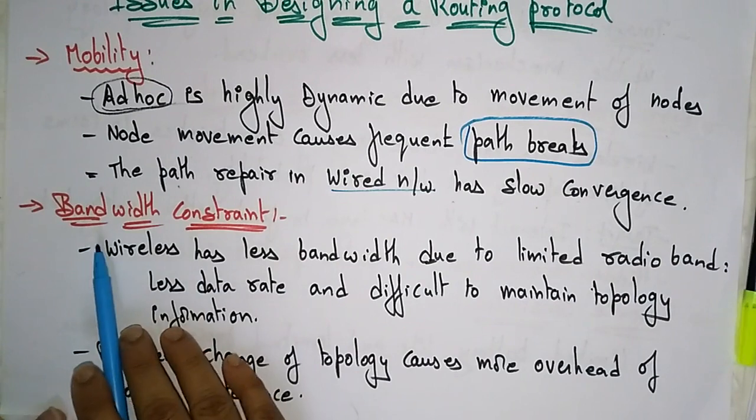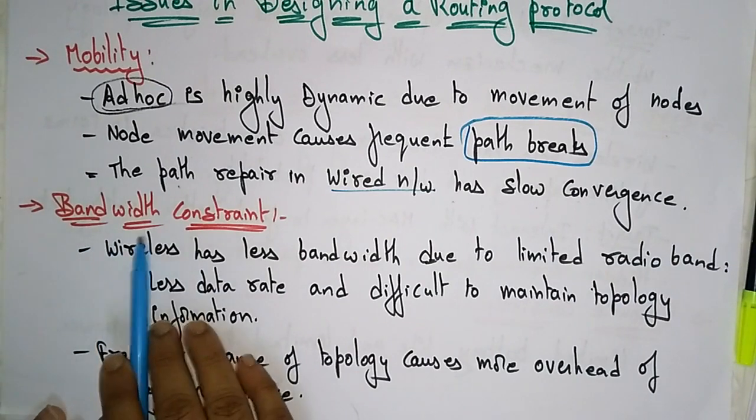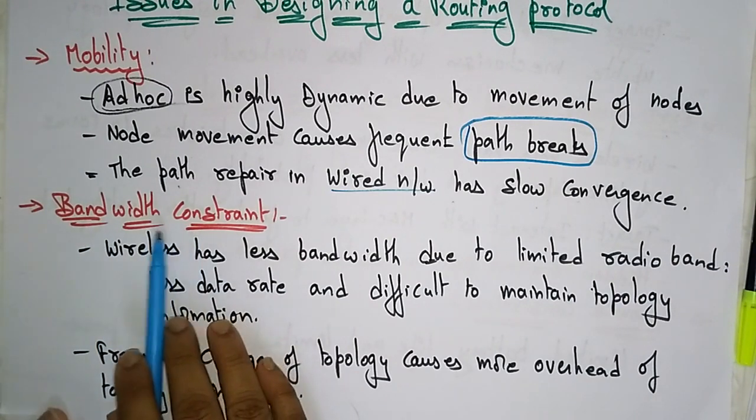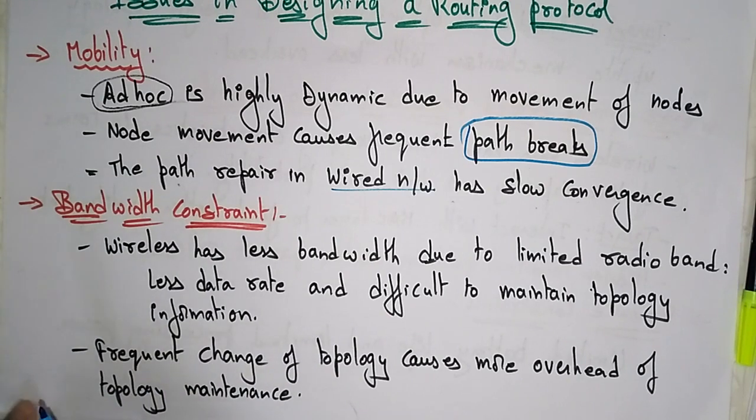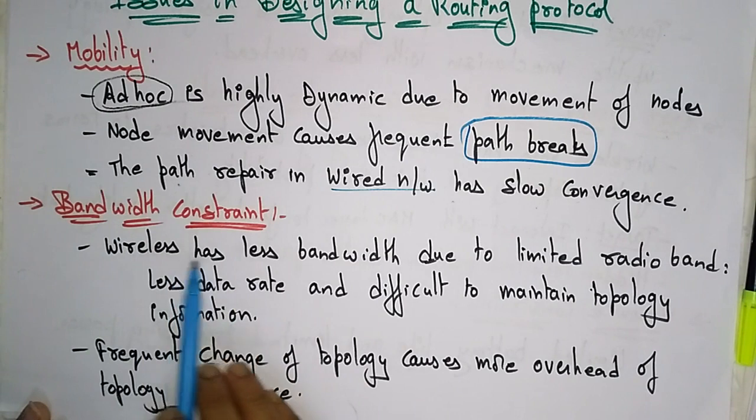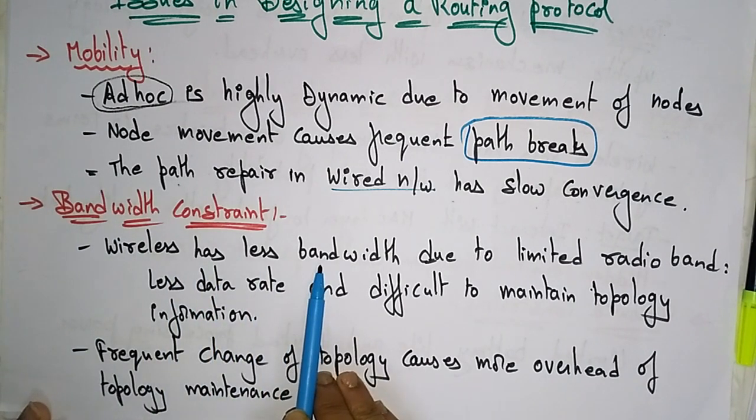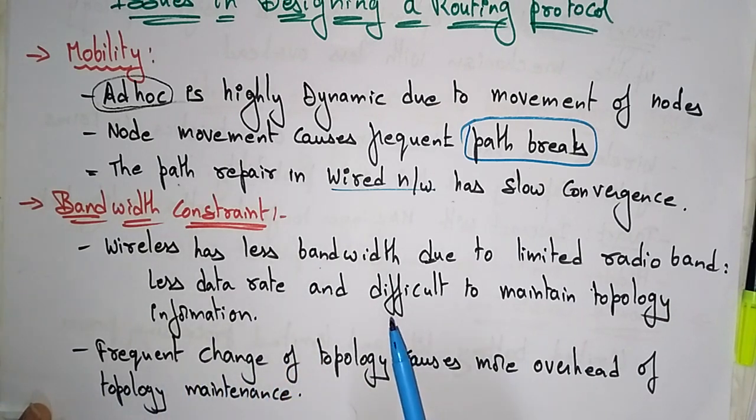Now coming to the next issue in designing a routing protocol, the bandwidth constraint. This is also one of the important constraints while you are designing a routing protocol. Mobility and bandwidth are the important concepts if you want to transfer the packet from source to destination. Wireless has less bandwidth, obviously, because wired has more bandwidth when compared to wireless.